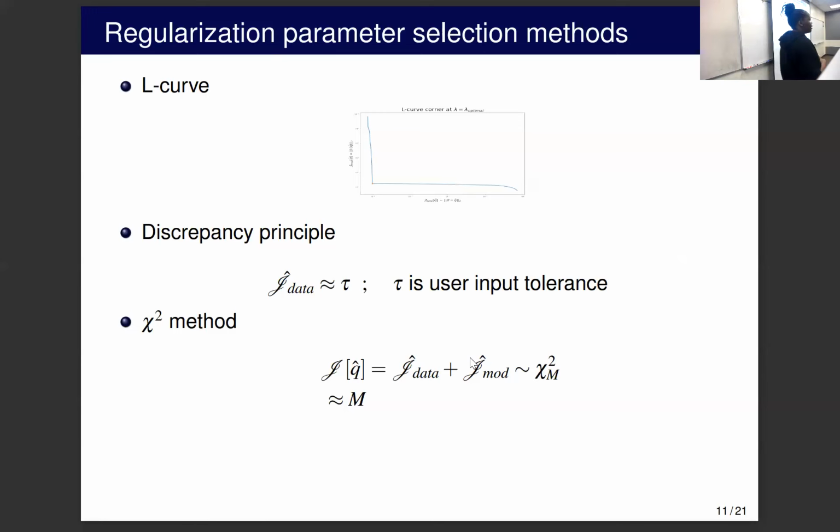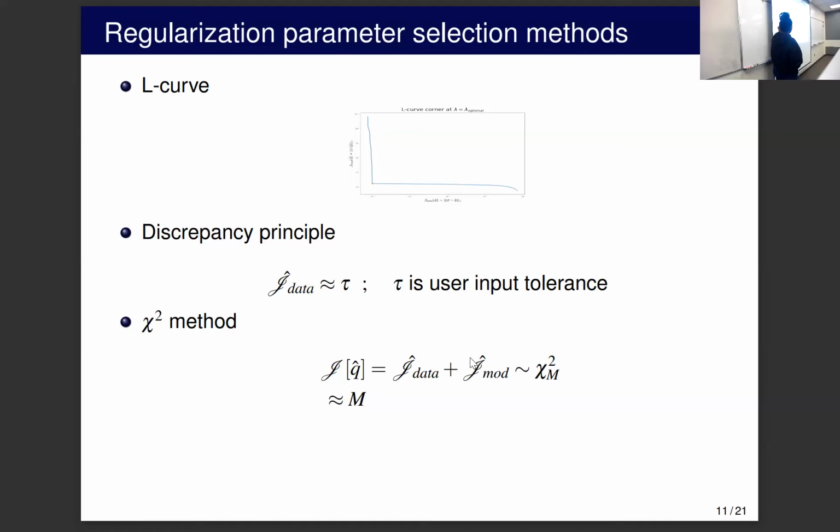Some of the parameter selection methods we use are the L-curve, the discrepancy principle, and the chi-square method. For the L-curve, we plot the regularization norm against the residual norm, that is J mod of Q hat against J data of Q hat. And the optimal parameter is the one that corresponds to the value in the corner of the L shape.